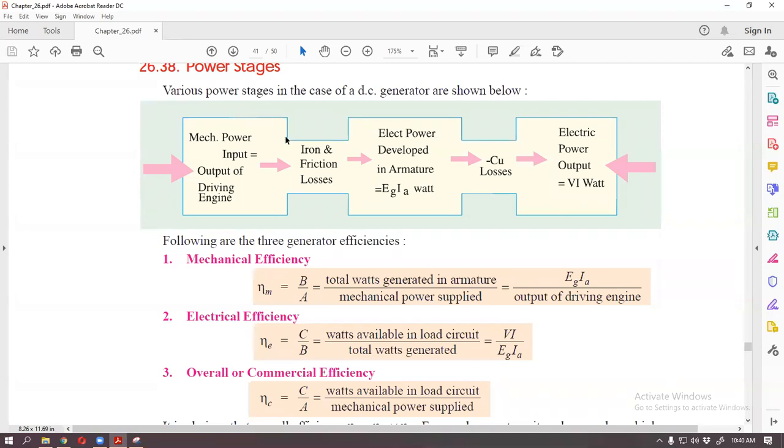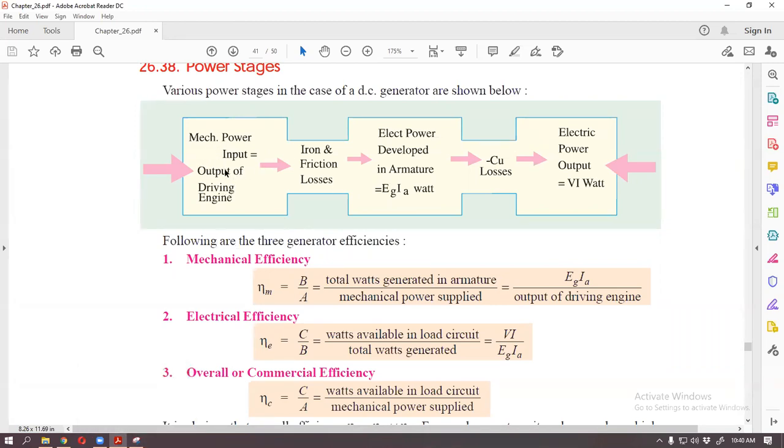Okay, suppose you develop 1000 watts but your final output is 800. So this system has loss. Yes, there may be losses, sir. 200 loss. Sir, in electric power developed, is it input or output?